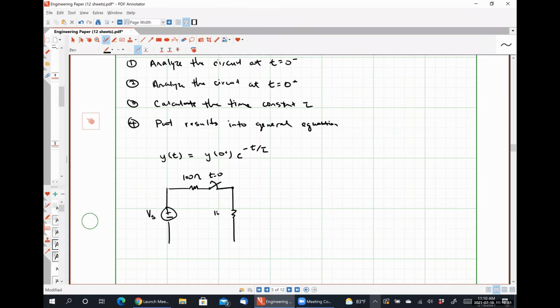Let's call this guy 10 kilo ohms. And this guy 5 henries.